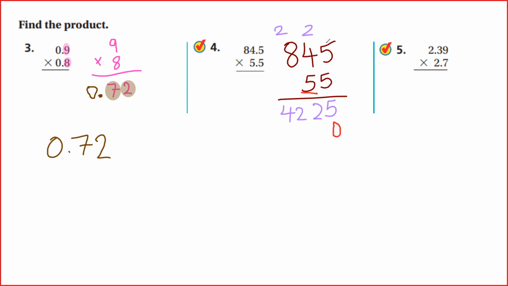Okay, next, 5 times 5. 25. 5 times 4. 20. Plus 2. 22. 5 times 8.